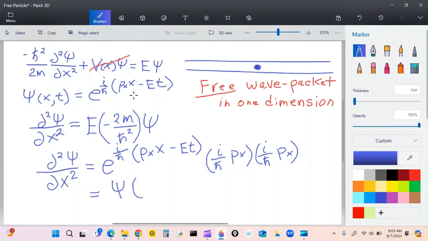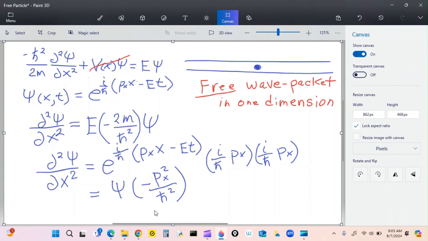So that's going to be negative p_x squared over h bar squared. Okay, now let's examine this. We're taking each one of these as the second partial of psi with respect to x squared. So whatever we come up with, I should be able to set them equal to one another.